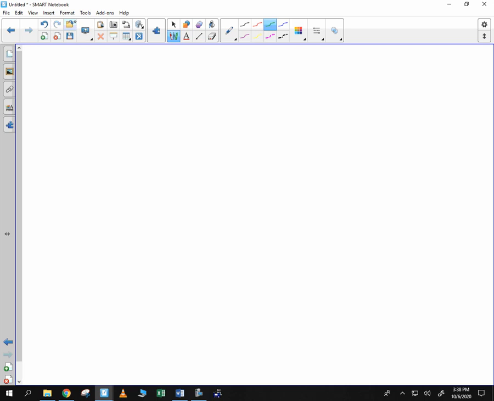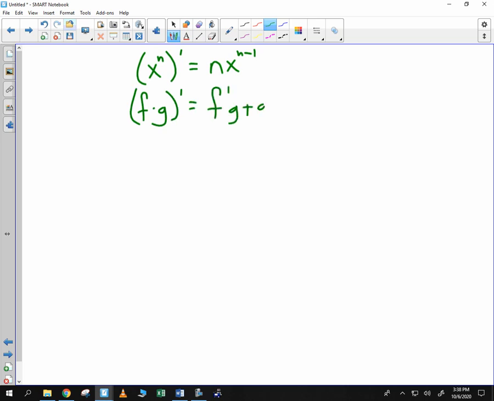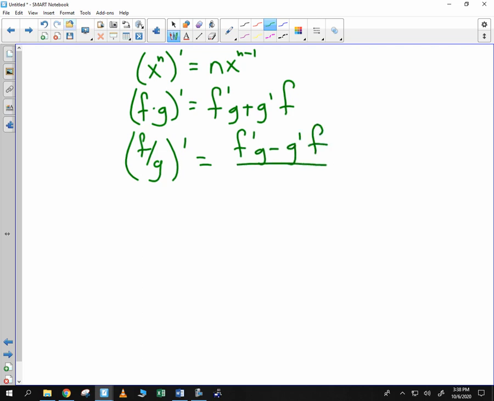Your power rule, x to the nth. The derivative is n times x to the n minus 1. Your product rule, the derivative is f prime g plus g prime f. F divided by g, the derivative is f prime g minus g prime f, all divided by g squared.